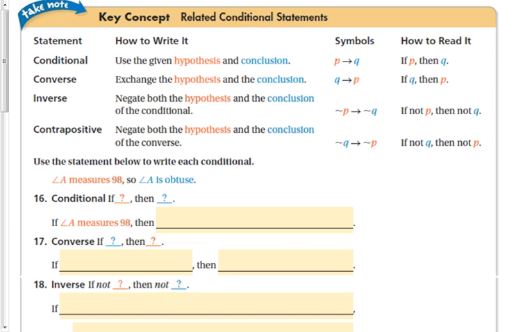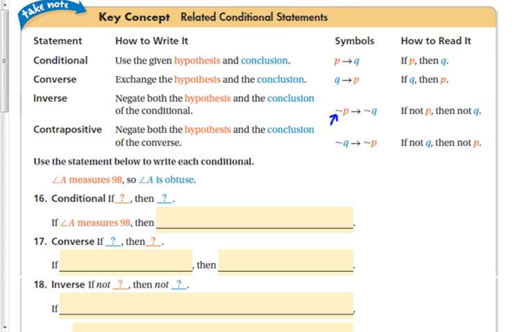All right, here's where we're going to learn how to write different versions of these conditional statements, and you have to know all these. The original conditional statement, the converse, and that's where you just exchange the hypothesis and conclusion. The inverse, that's where you negate both the hypothesis and the conclusion, and that's what this symbol right here means, not.